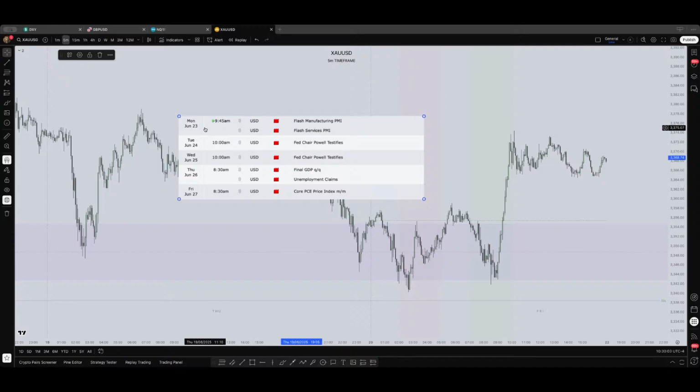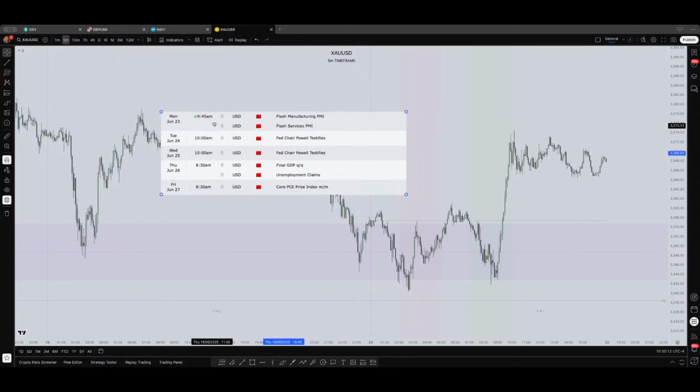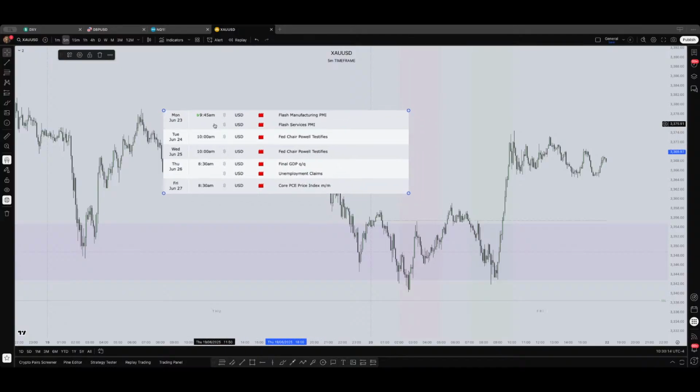Okay, so just starting the week, Monday we have flash PMI. Normally, let's see, use DXY.